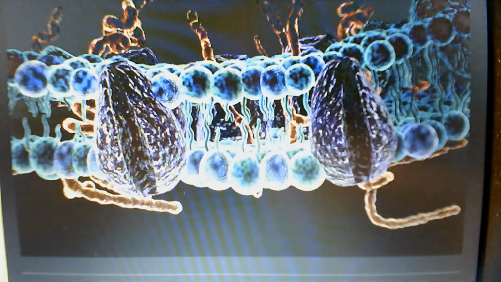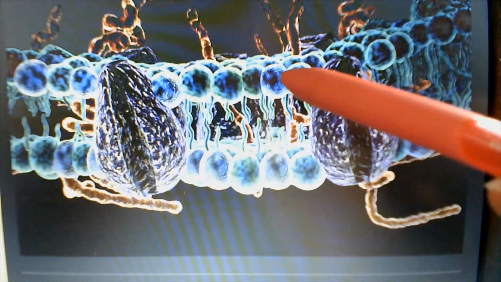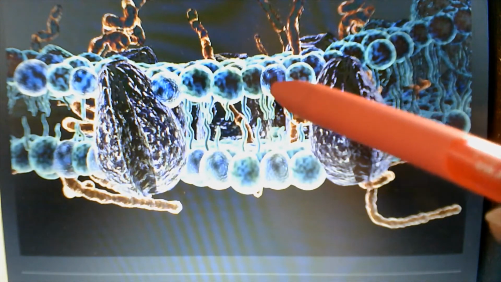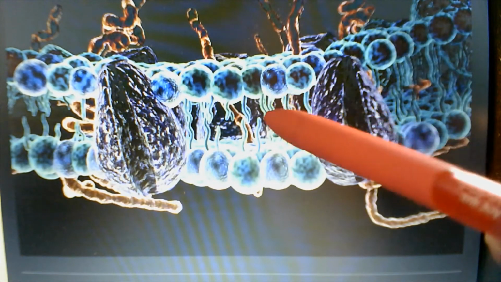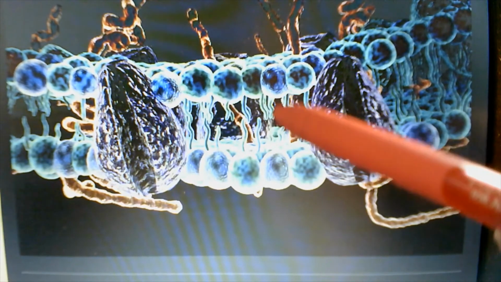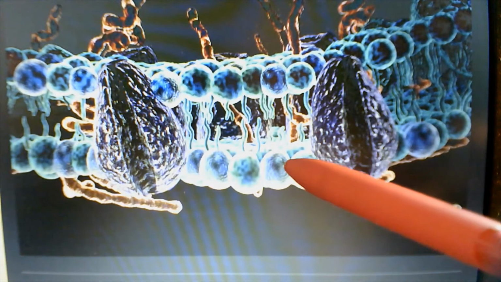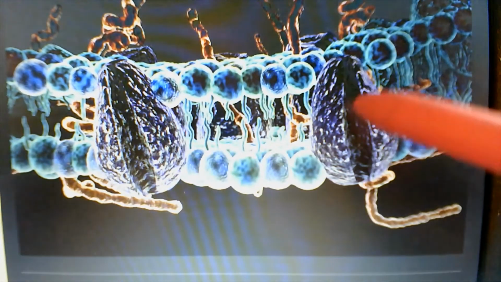Okay, so here we have the phospholipids. Part of the phospholipid is attracted to water, and it's on the outside, and the lipid part is not attracted to water, so it's on the inside. So you've got 2 layers of phospholipids, and then embedded within the cell membrane you have these proteins.